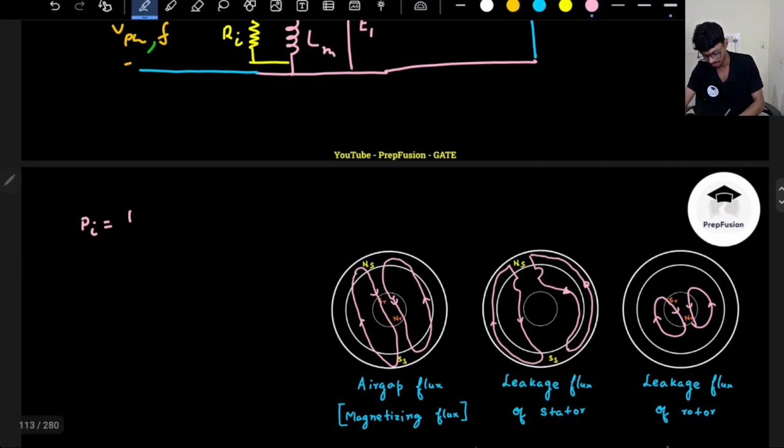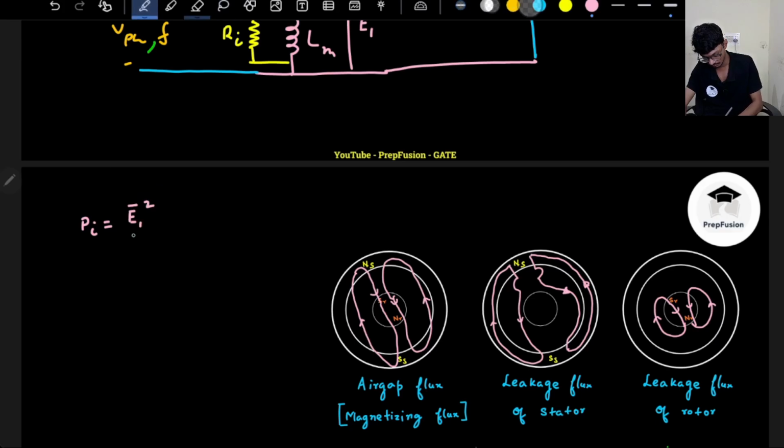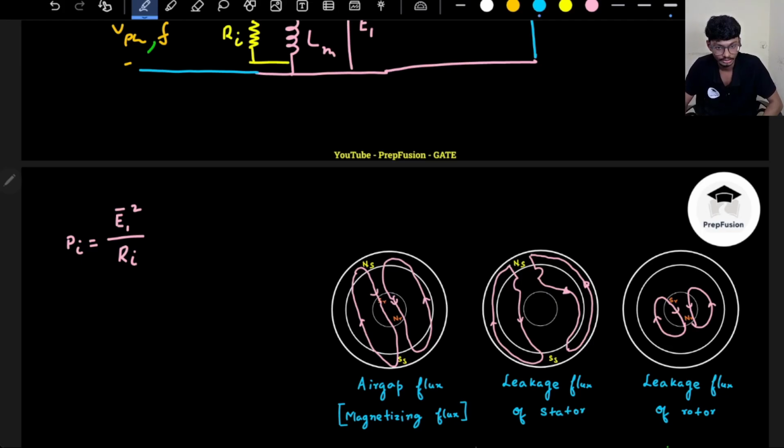So it will be basically E1 whole square divided by Ri. Okay, that is what the total losses are.